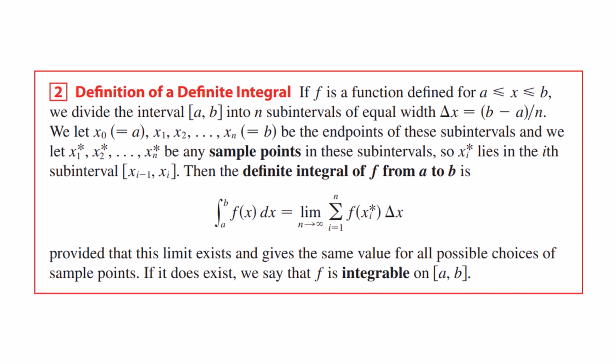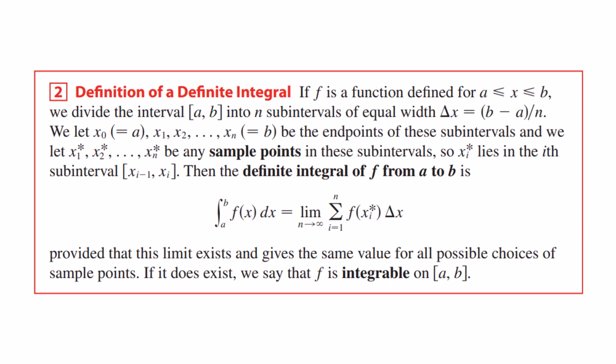Here is the definition of a definite integral. If f is a function defined for x between a and b, including a and b, we divide the closed interval a to b into n subintervals of equal width, delta x, where delta x is computed as (b minus a) divided by n. We let x sub 0, which happens to be a, the left endpoint of the interval, x sub 1, x sub 2, all the way up to x sub n, where x sub n is defined as b, the right endpoint of the interval.